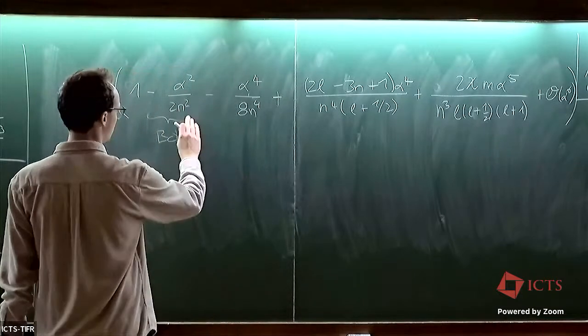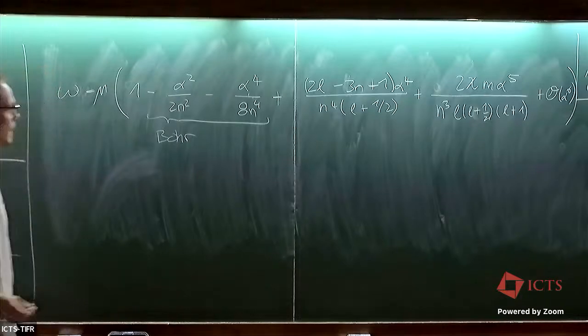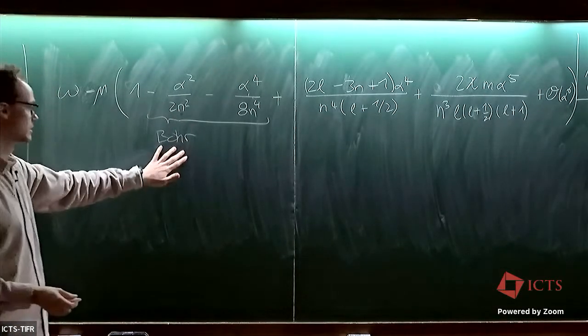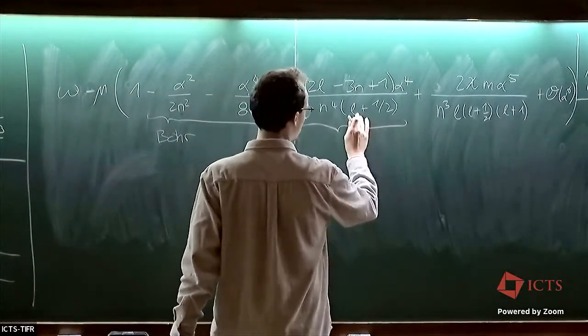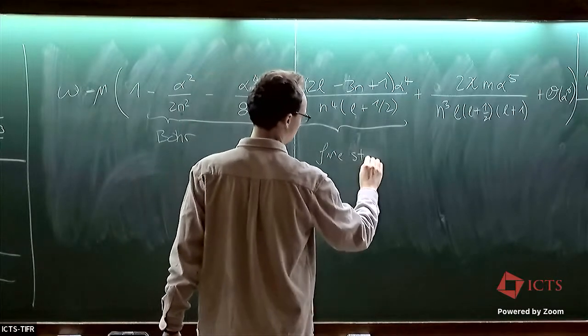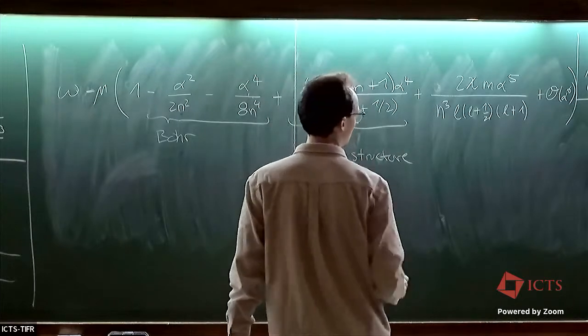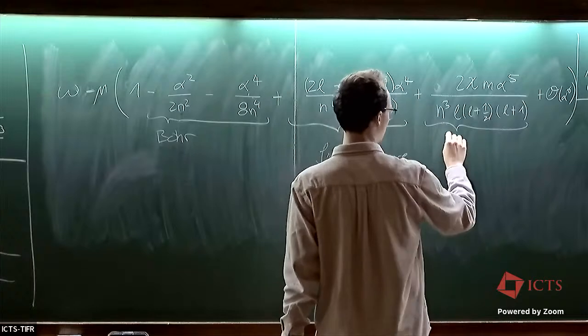And the way the terminology works is the following. Anything that only depends on n is called the Bohr spectrum. Then the stuff that also depends on L is called the fine structure. And then the stuff that also depends on M is called the hyperfine structure.